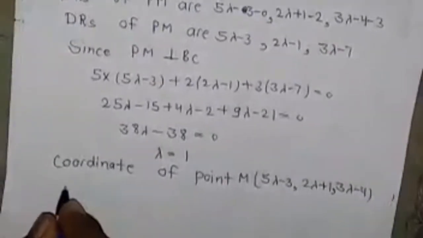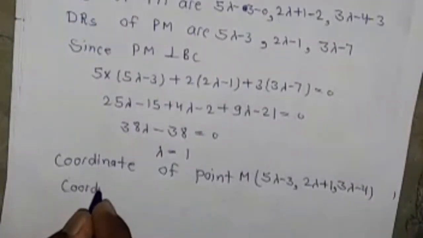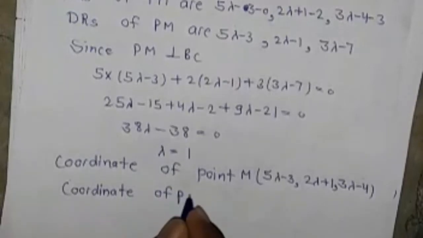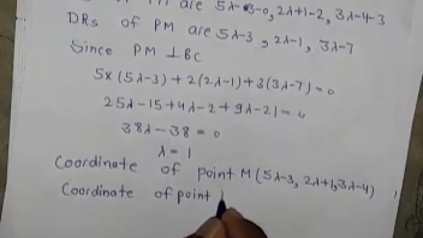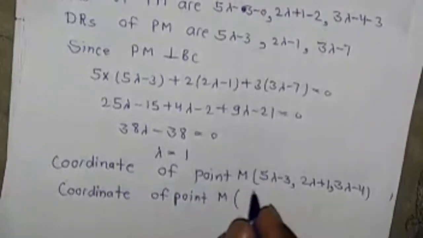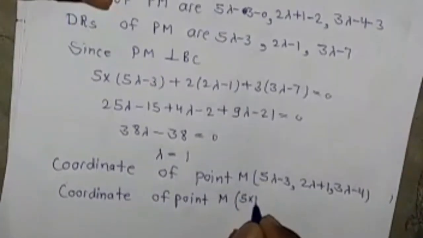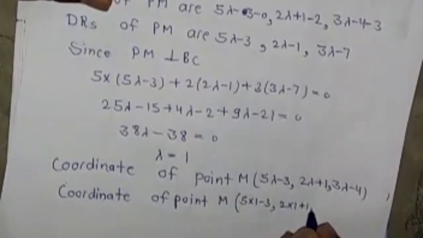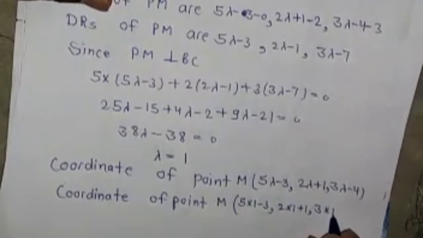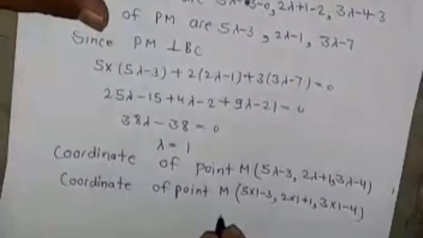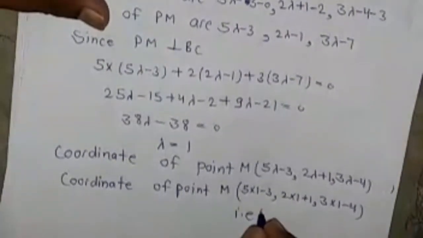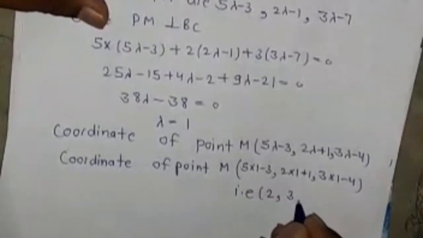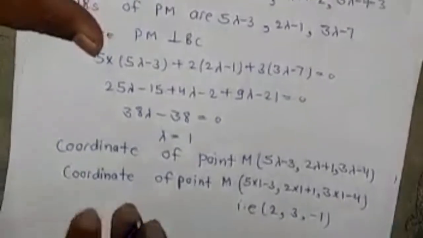Then the coordinate of point M is (5 into 1 minus 3, 2 into 1 plus 1, 3 into 1 minus 4), that is (2, 3, minus 1).